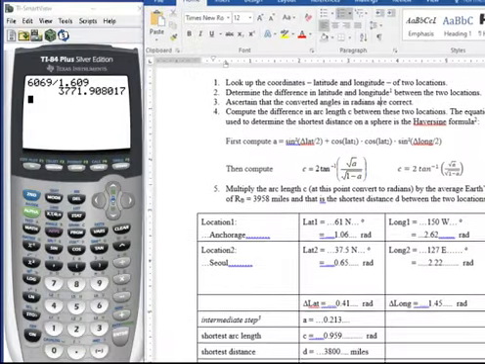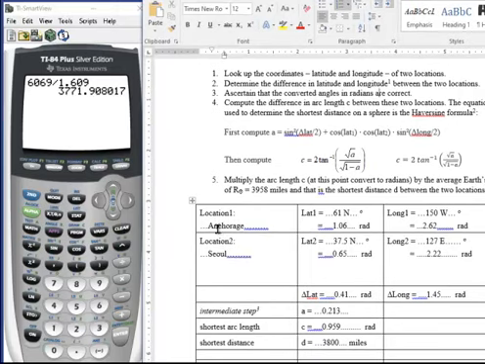And so I'm going to go to my sheet here, change this one here to Berlin, and I just said 52, 31. I don't need the seconds there. And here I'm going to have 13 24.